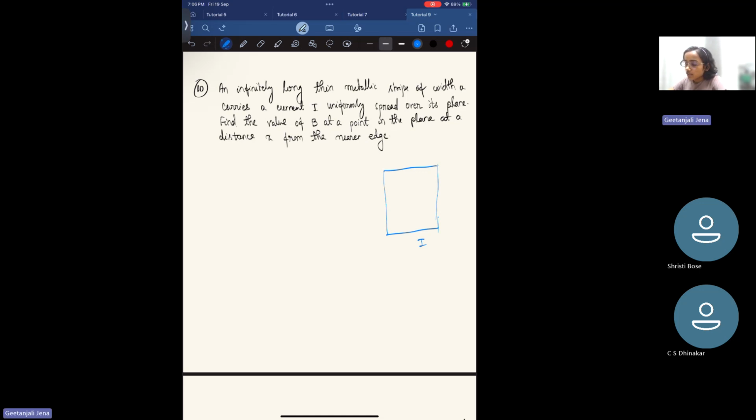You need to find out the magnetic field at a point in the plane at a distance x from the nearer edge. So let us say this is the nearer edge, and you need to find the magnetic field at the point P for this stripe of width a.